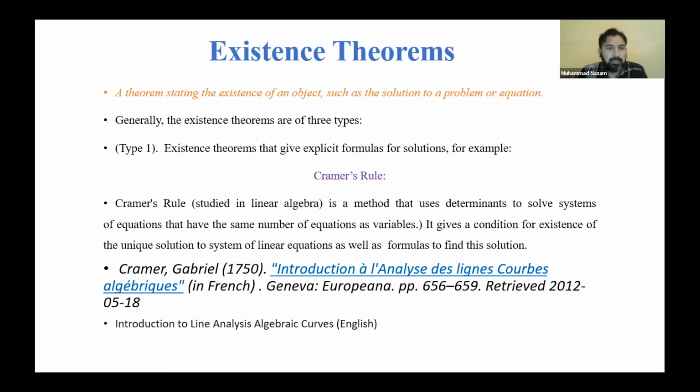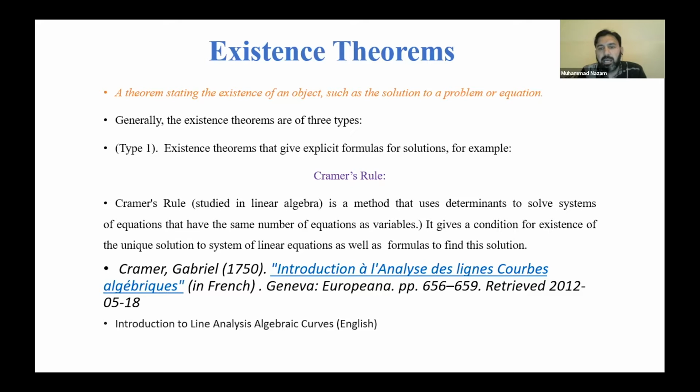The first type contains existence theorems that give explicit formulas for the solutions. For example, Cramer's rule. You see a reference at the bottom of this slide. Cramer's rule is mainly studied in linear algebra. It is a method that uses determinants to solve a system of equations that has the same number of equations as variables.